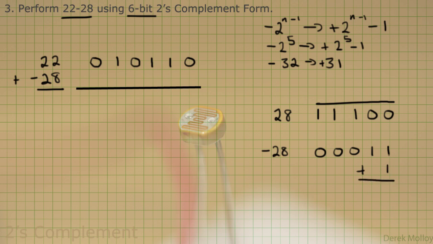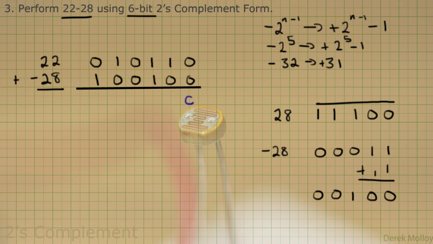So 1 plus 1 is 0 with a carry of 1. 1 plus 1 is 0 with a carry of 1. 0, 0. So 0, 0, 1, 0, 0 is the magnitude of minus 28. So we write a 1 to say the sign is negative, and we write in the values, 0, 0, 1, 0, 0. So that's minus 28.